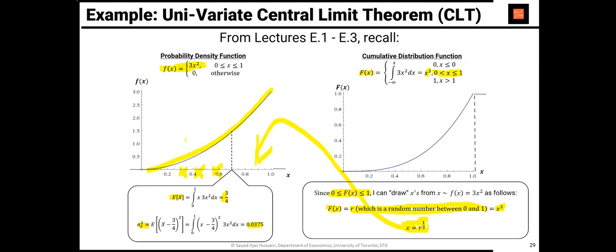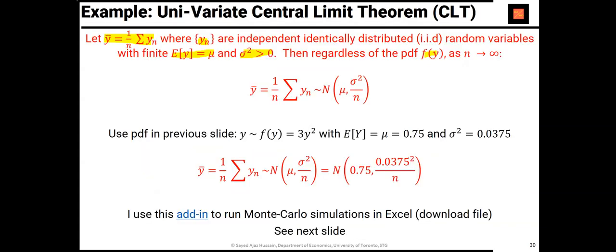It doesn't matter what the original PDF is. It can look like anything you want. Regardless of the shape of the original PDF, the sample means are going to have a normal distribution that's sitting on the actual mean, the expected value of y, and whose variance is the true variance divided by n.